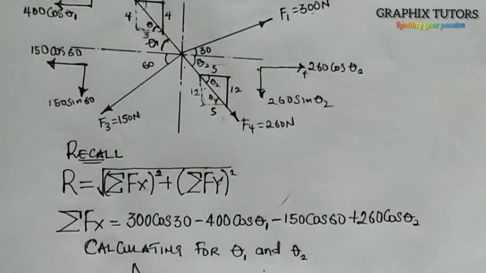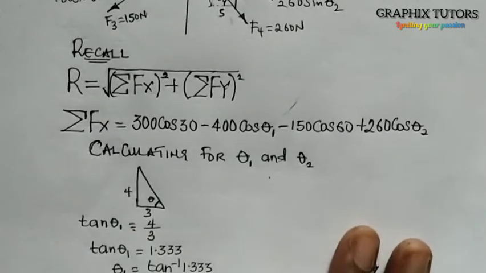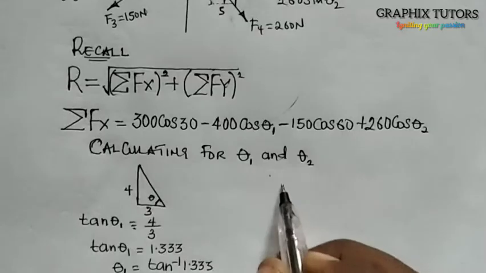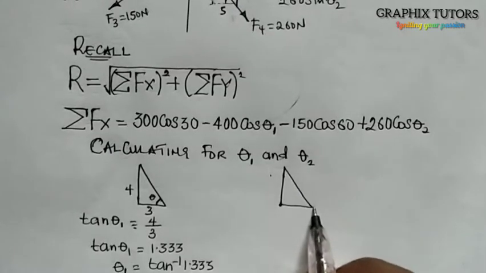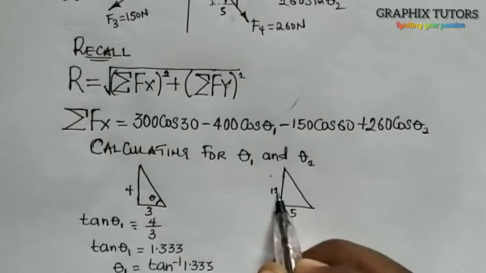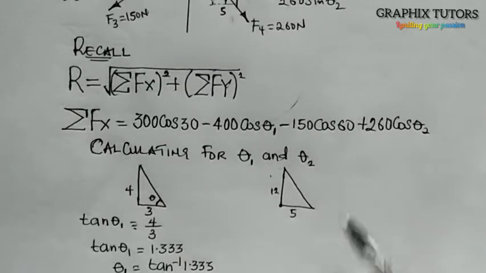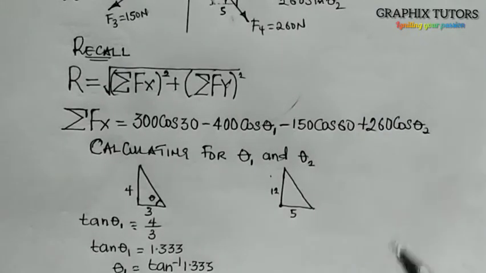Now, I'm going to draw another triangle out. I'll put it this way. This will be 5. This will be 12. If I like, I can make use of this triangle, and I will still have the same answer.